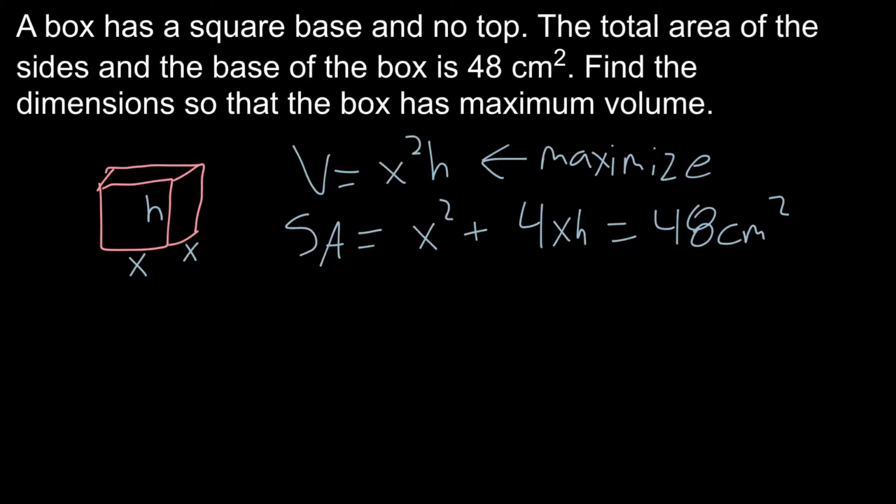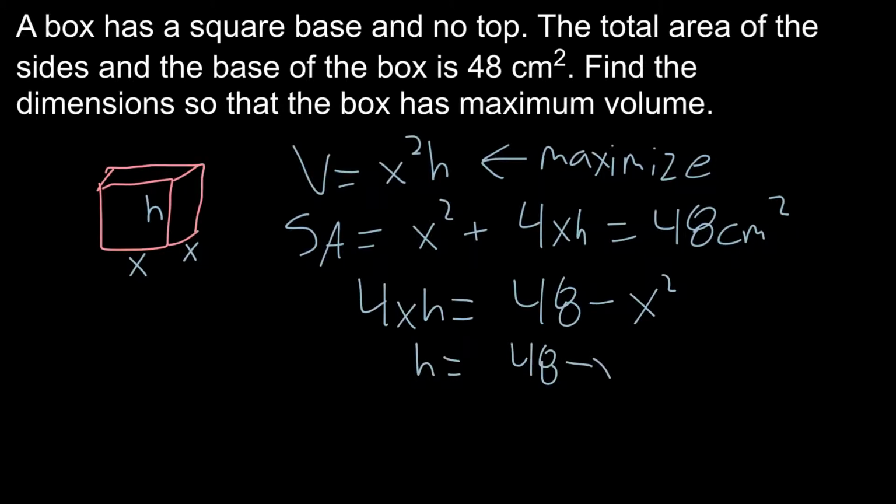Now going back, we want to isolate for h, so we're going to get 4xh equals 48 minus x squared, or h equals 48 minus x squared all over 4x.